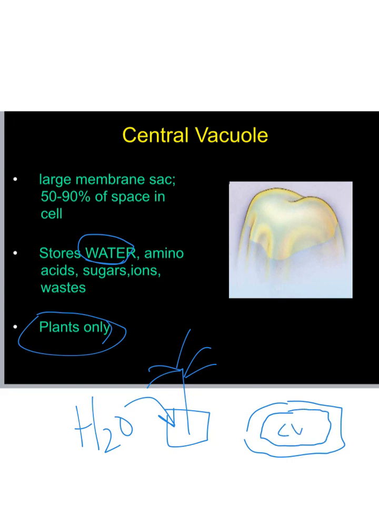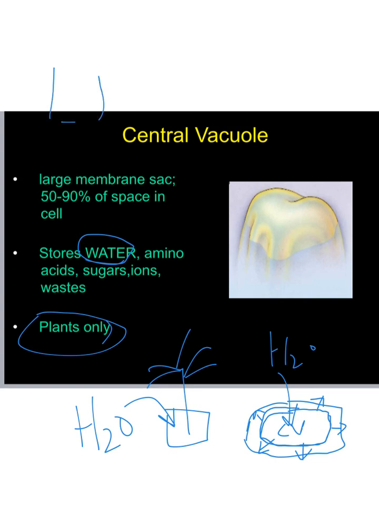I'll call it my CV. If that CV is full of water because we have just watered our plant, it's going to be big and full and pushing against the sides of that cell wall. And so we're going to have a very rigid plant cell that is happy and healthy, and it's going to make our plant stand up nice and tall.